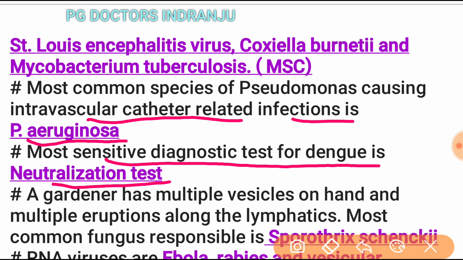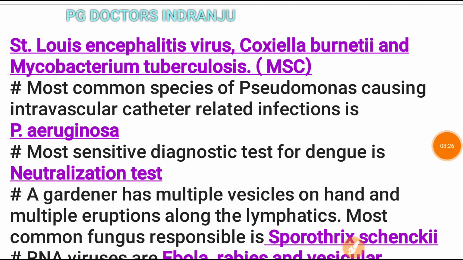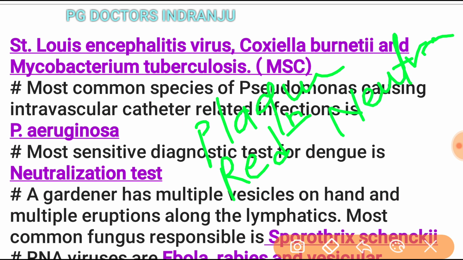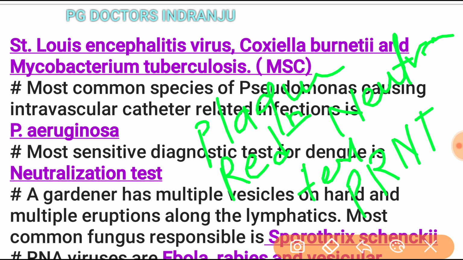The most sensitive diagnostic test for dengue is the neutralization test, also called the plaque reduction neutralization test, represented as PRNT.